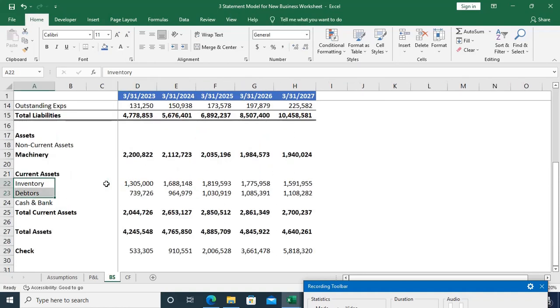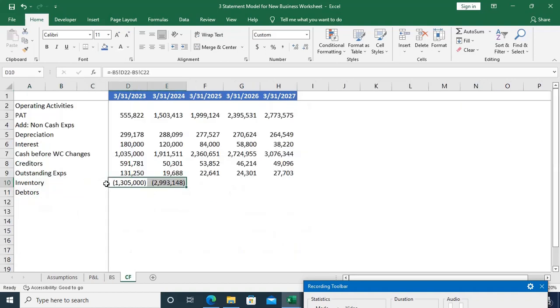Now is this formula correct or not? We have to check it. So a little bit of sign change is required here. While you are putting any negative sign or anything, you have to be really very careful about it.